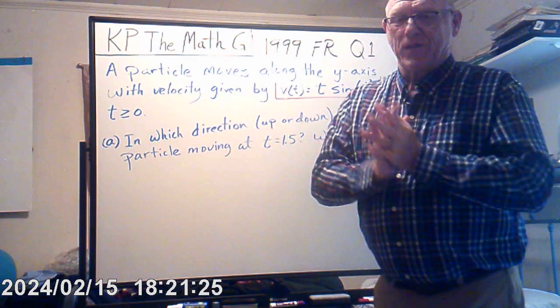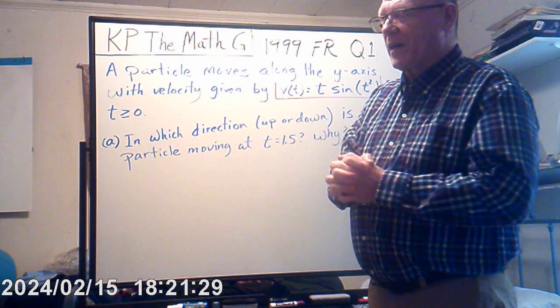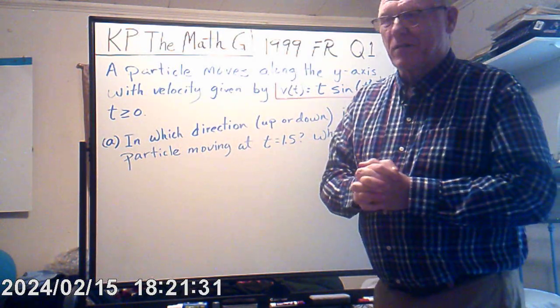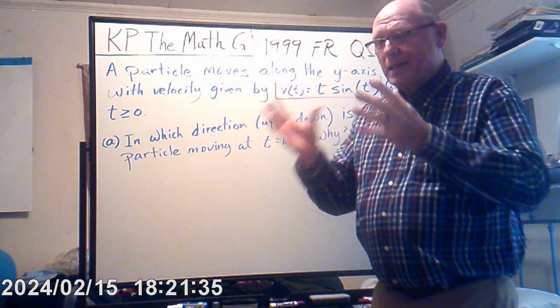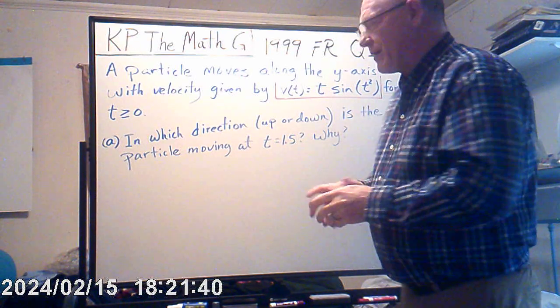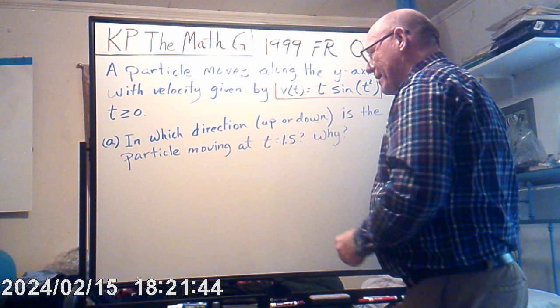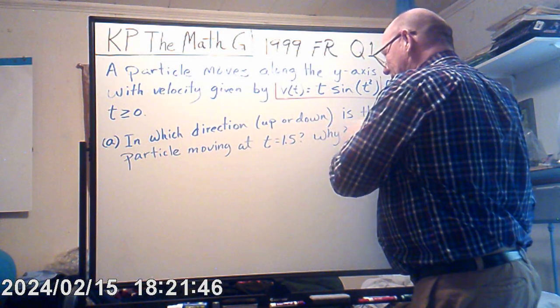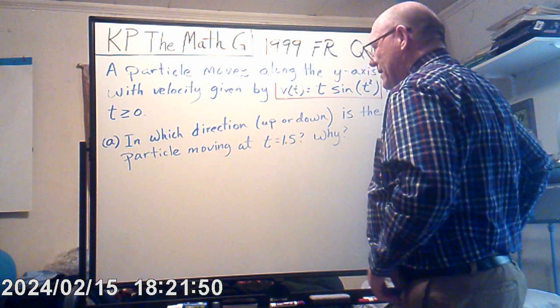I know when I first looked at calculus problems, I'd have to study to find out if I needed to take a derivative or an antiderivative, and I wasn't always sure. But it says in which direction, up or down, is the particle moving at t equals 1.5.